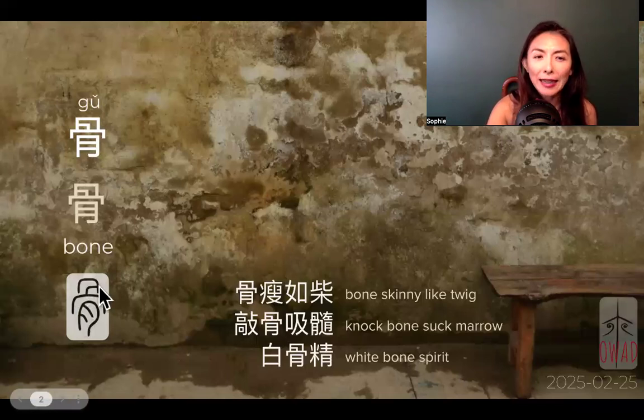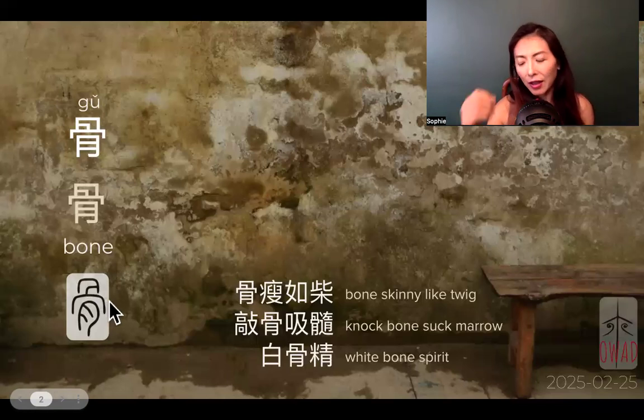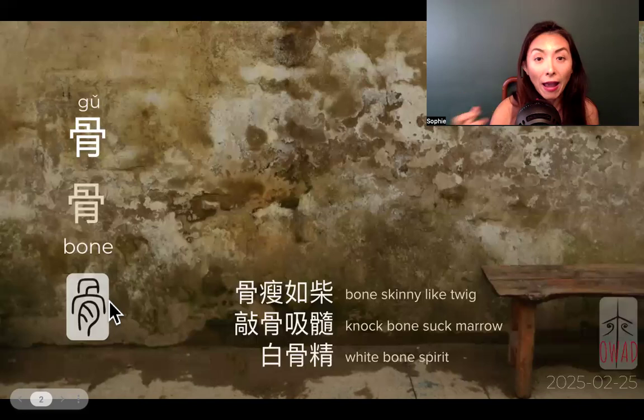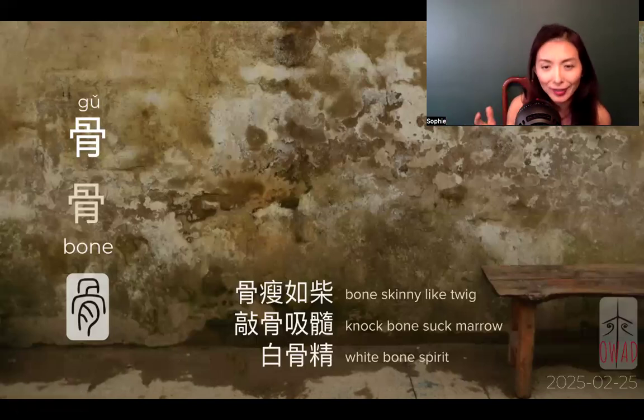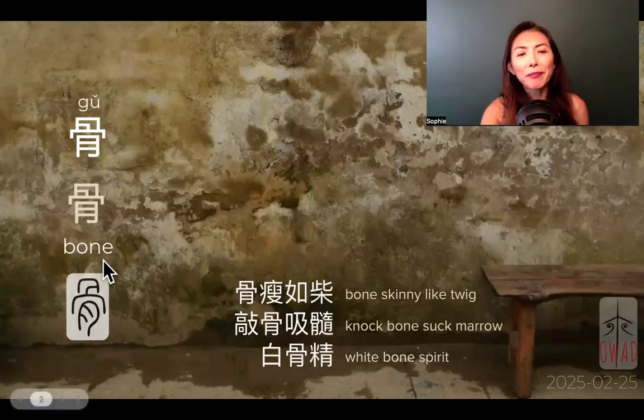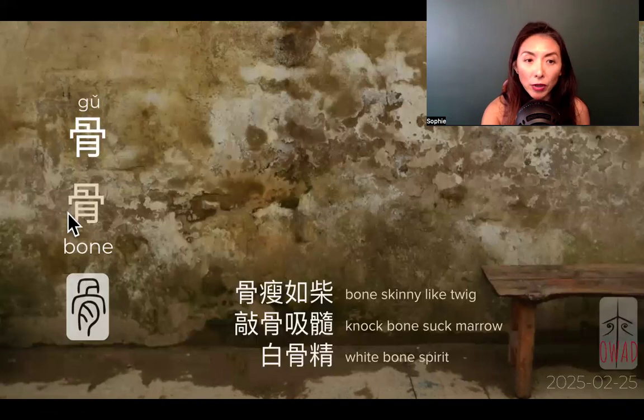And I'm not sure, like here at the bottom right, what that cavity is about. Is it to draw out the joint structure that has some cavity so that things have space to move around, right? In any case, this is gu, and you can see the simplified and traditional Chinese are exactly the same.